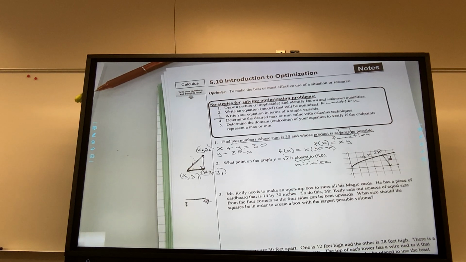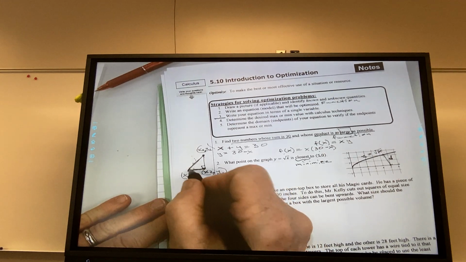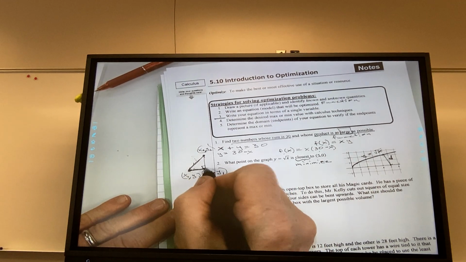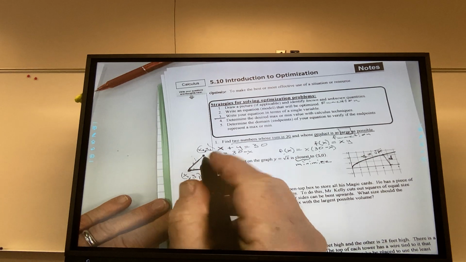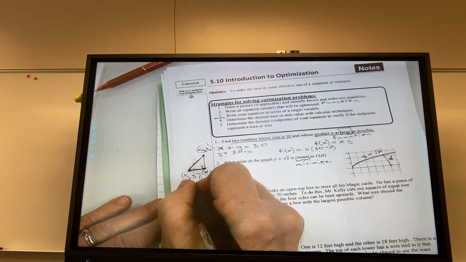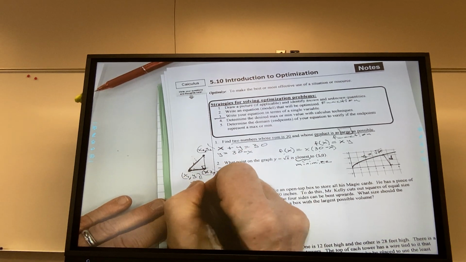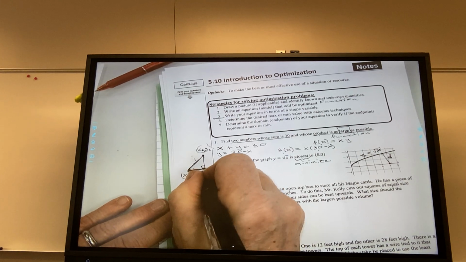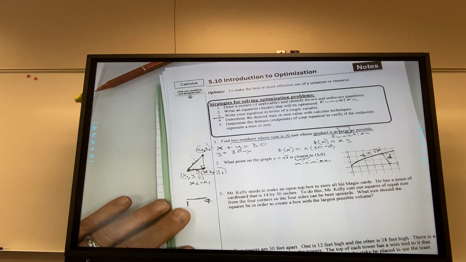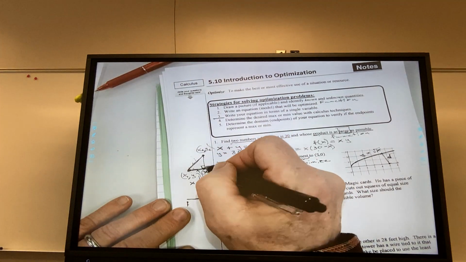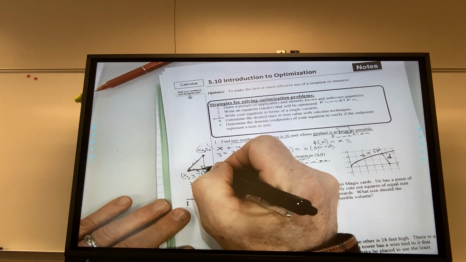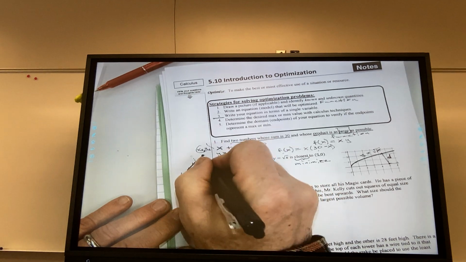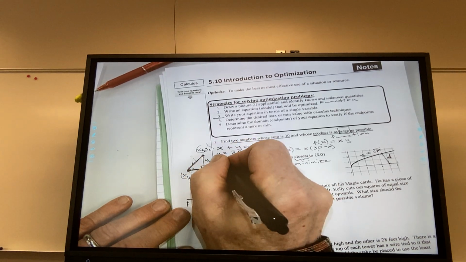How are they getting those numbers? Subtracting them. Okay, so if this is x2 and this is x1, what's that distance? It's x2 minus x1. That's the distance of that segment. What about this one? It's going to be y2 minus y1.